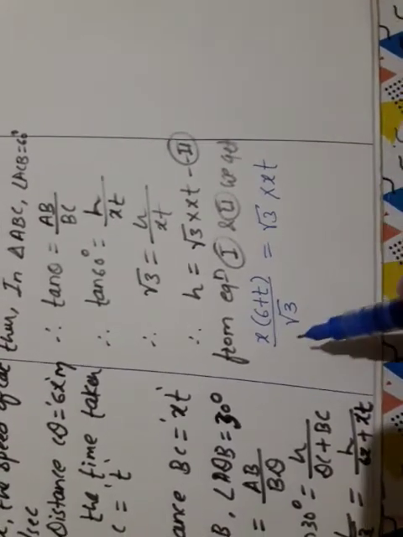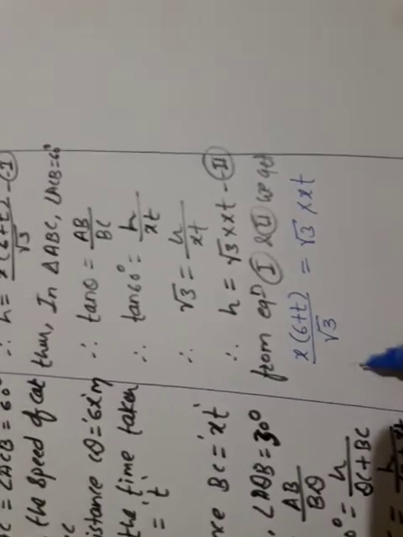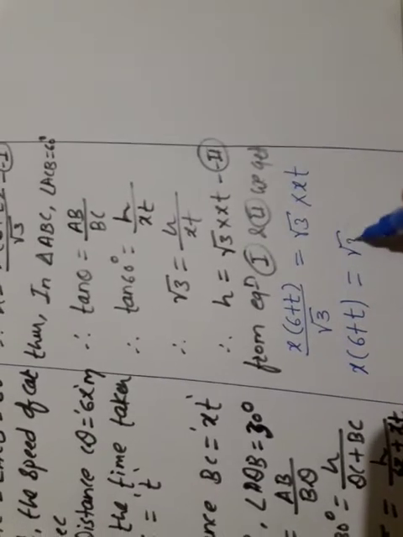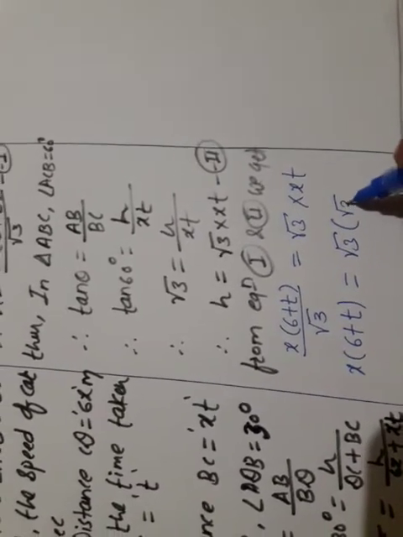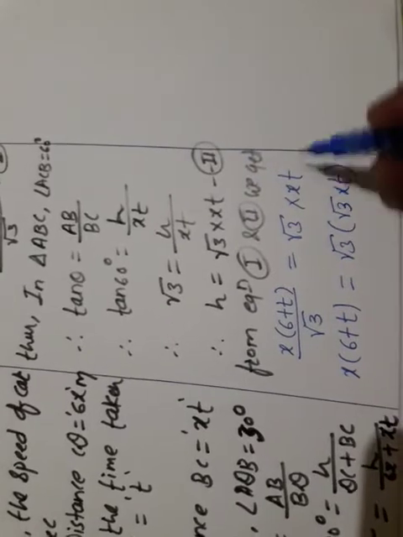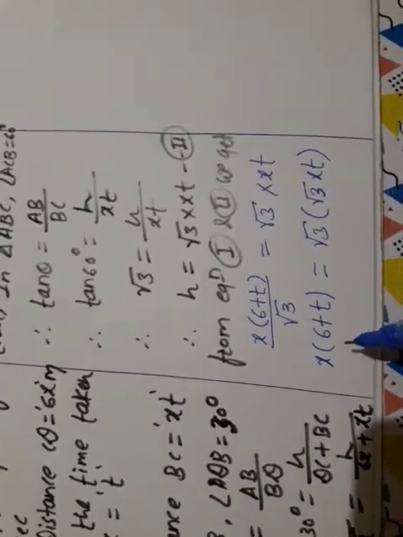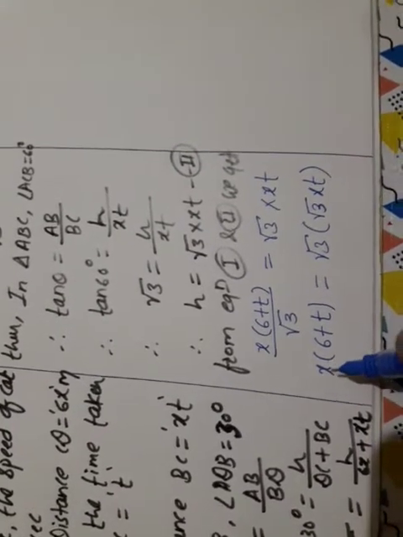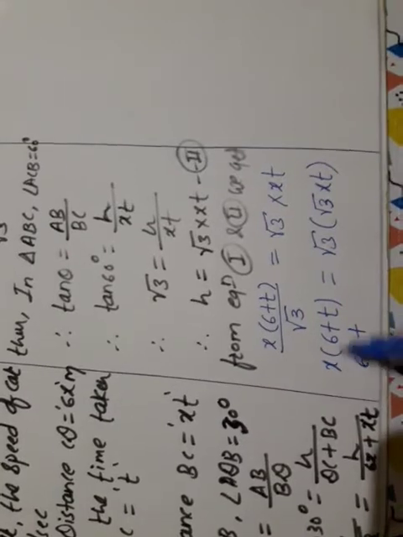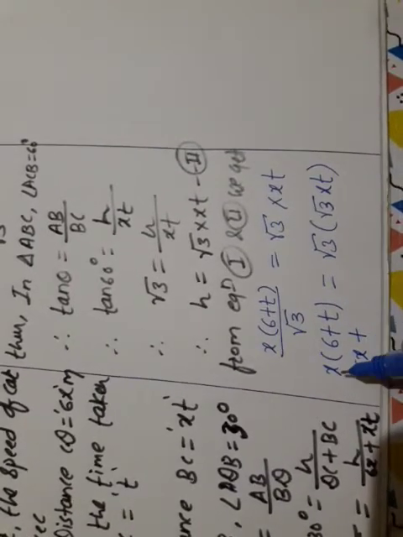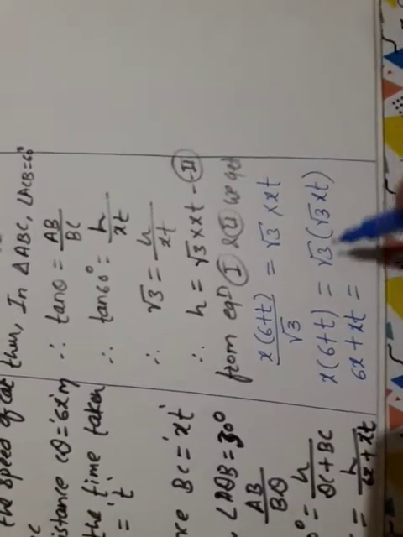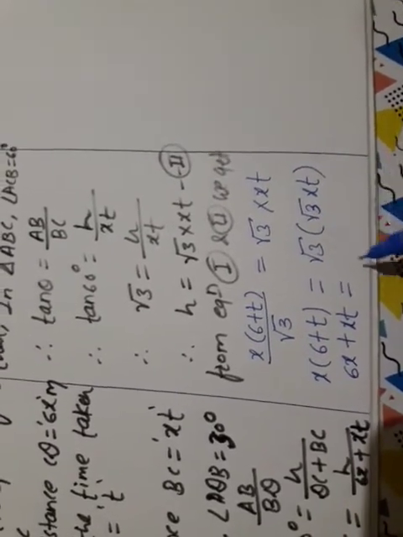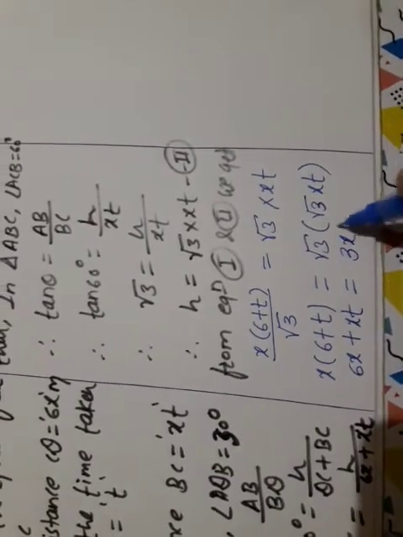Look here, we will multiply this √3 to this, and write x in bracket 6 plus t is equal to √3 in bracket √3 xt. I have multiplied; there is no need to multiply again here, but if you do, there is no problem. x into 6x, x into 6x plus xt is equal to √3 into √3, okay, √3 into √3 is 3, so 3xt.